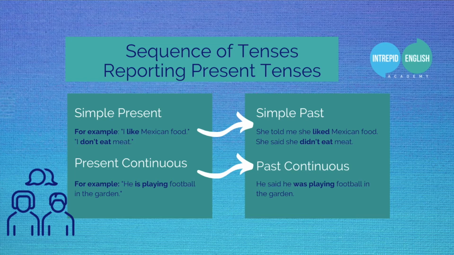If we were reporting that conversation to somebody else later, we would say, she told me she liked Mexican food. She said she didn't eat meat. Okay. The present continuous, for example, he is playing football in the garden, is then transformed to the past continuous. He said he was playing football in the garden.